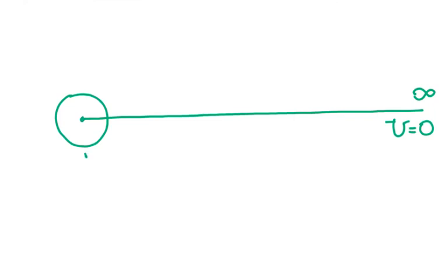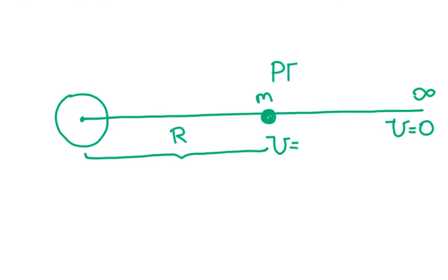Now, if I bring this spaceship or craft, whatever that is, this object, closer to Earth, and it has a mass m, and it is a distance r away from Earth, then the potential energy is equal to the work, which is force times distance.